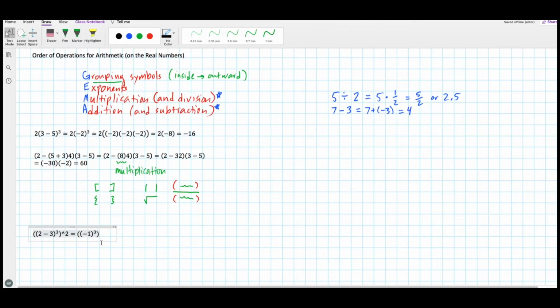And then I raise that to the third power and then square that. So then I would have negative 1 times negative 1 times negative 1 is negative 1. And next I square that, and I get negative 1 times negative 1 is 1.